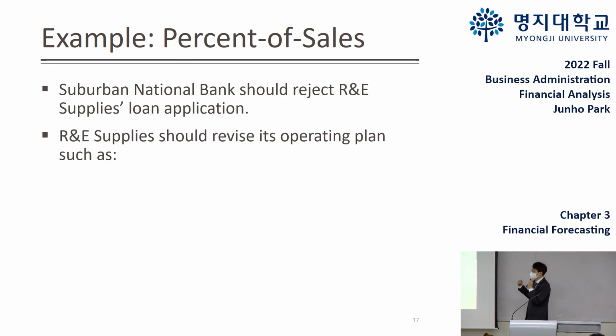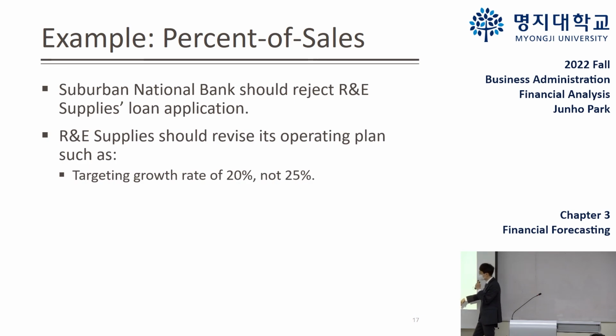And because now it was found that their 25% is an impossible goal, they have to adjust their management goals. For example, they can target a lower growth rate, such as 20 or 15%. And also, they can think about the reasons for those problems.